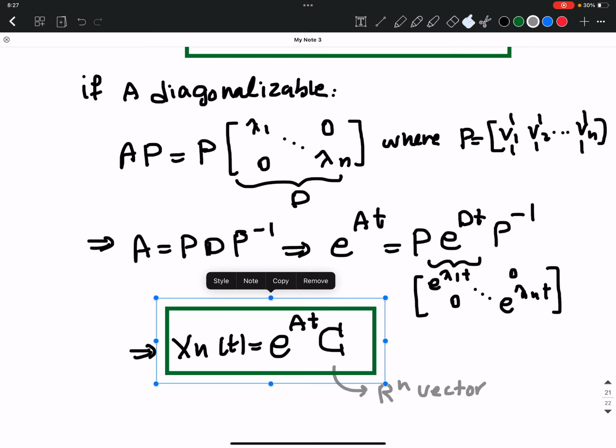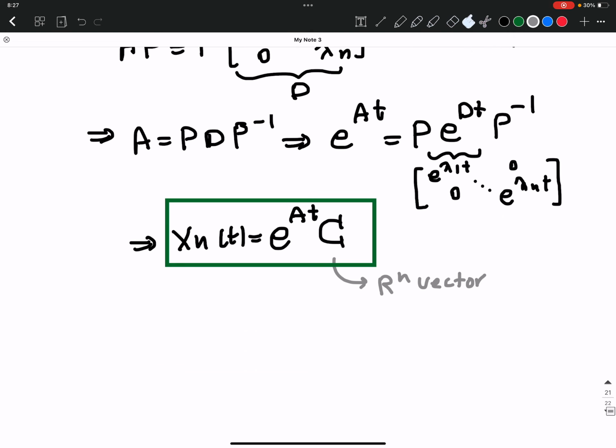And similarly, for the particular solution, we can do a similar trick.